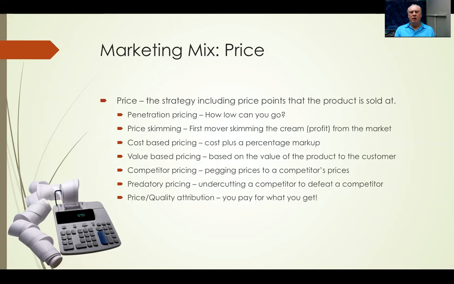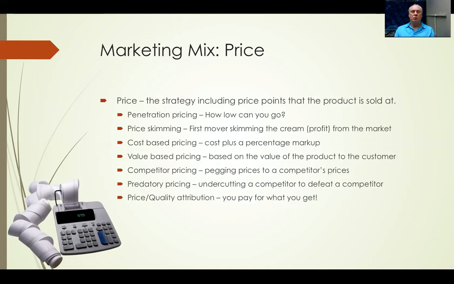And then we have predator pricing, which is when you undercut a competitor to actually defeat the competitor or put them out of business. And then finally, we have the price quality attribution, which is best summarized with you pay for what you get.